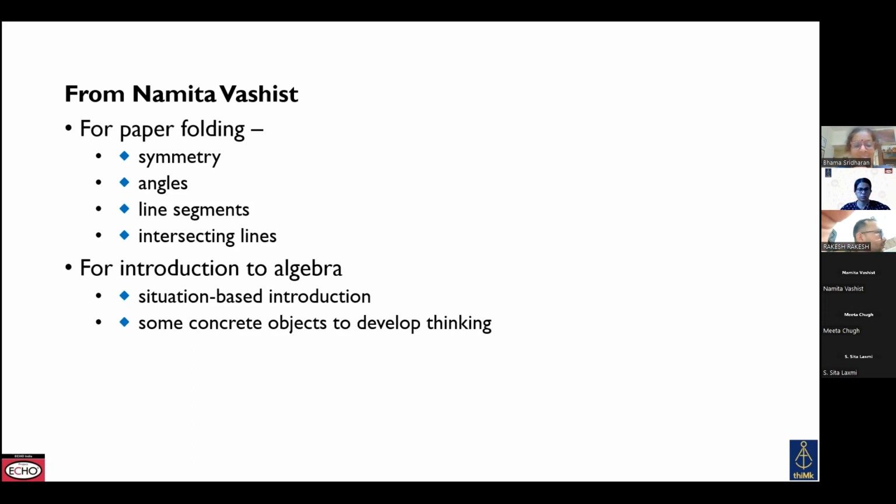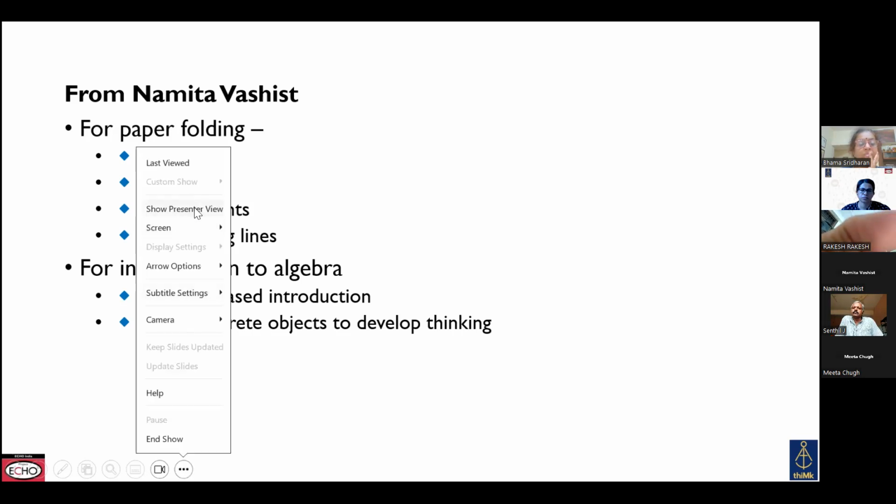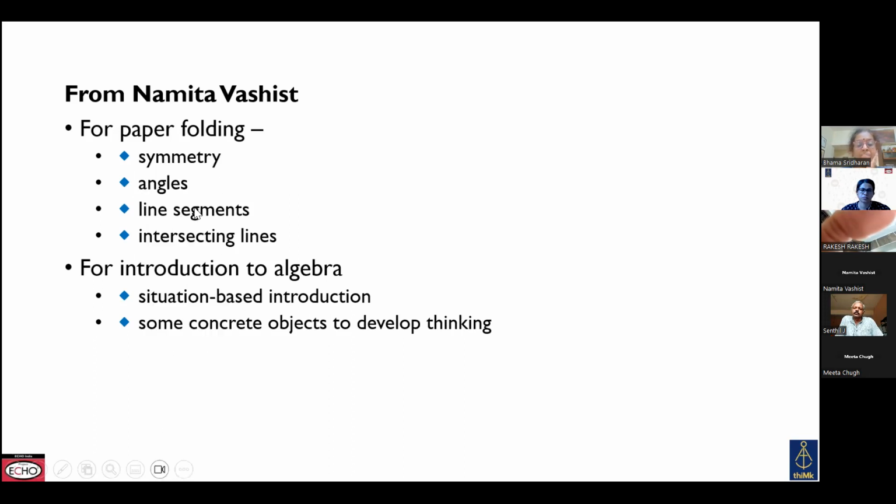For the introduction of algebra, I generally start with a situation based question, like if we do not know something, but we are given the relationship between them, how are we to find the values? And some concrete objects, like mental agility questions, for example, if two blue squares are added and one yellow triangle is added and its value is this, and then similar relationships are given, what will be the value of the yellow triangle?